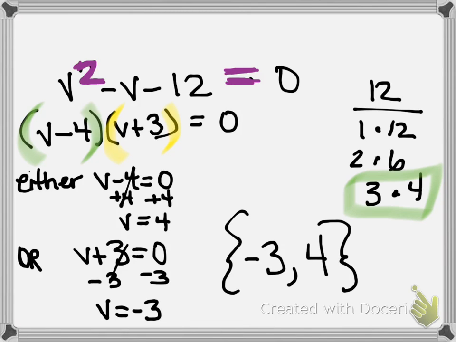Now do not be confused. That is not an XY point. These brackets are not parentheses. This is set notation. So basically it says your solution is a member of this set of numbers. And the way we represent a set is with these funny looking brackets.